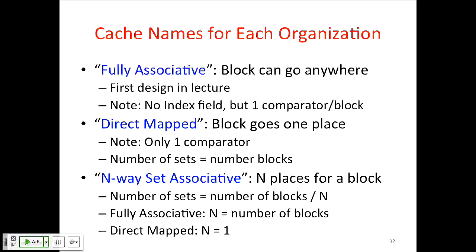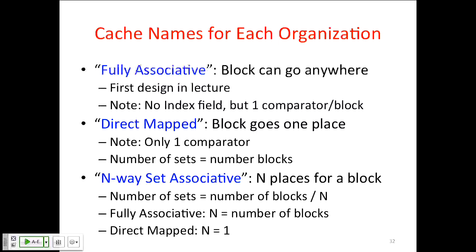One way to think about this is there are some number of sets, and within every set, it's fully associative. In an n-way set associative scheme, there are n places for a block within one set. Very common is a two-way or a four-way set associative cache, which means there are many sets, and each set has two places a line can be.